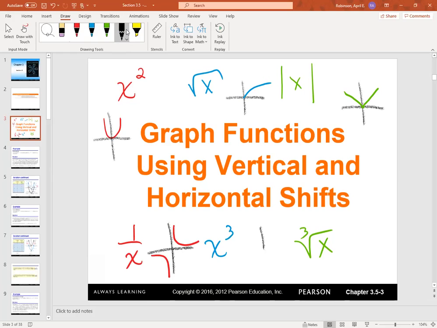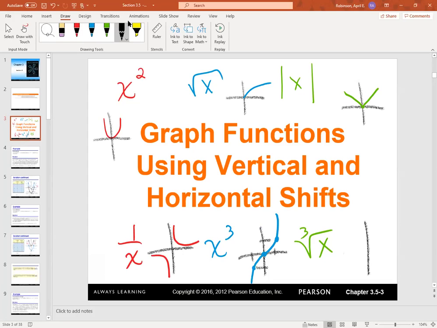And then x cubed, it went through the origin, and it went through 1, 1, and -1, -1. Those were specific points. So here, here, and here, and it had this kind of an S shape to it.